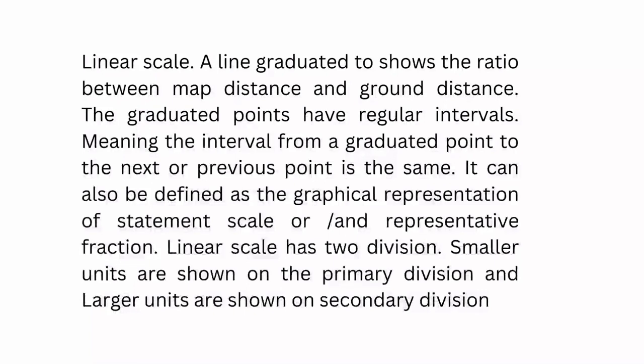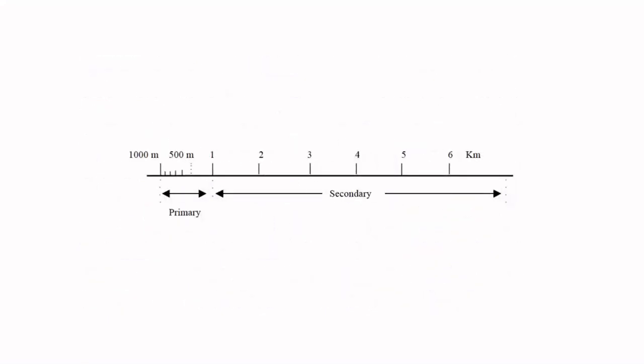Linear scale can also be defined as the graphical representation of statement or representative fraction. Linear scale has 2 divisions. Larger units are shown on the primary division and smaller units are shown on the secondary division.